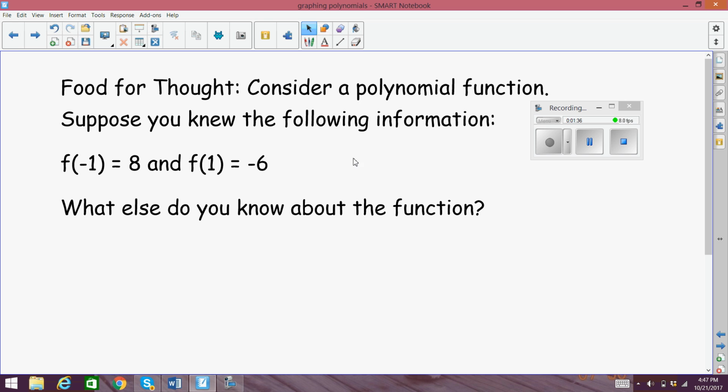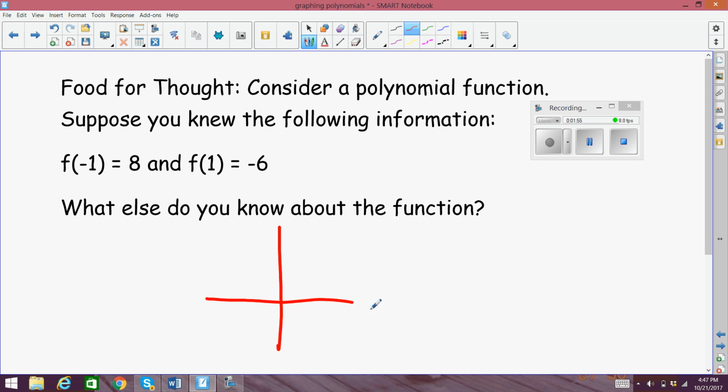So maybe you could just take a moment and sketch what that might look like, and then think about what you know about the function as a result of that. You can pause the video if you want, but I'm kind of giving you some time here.